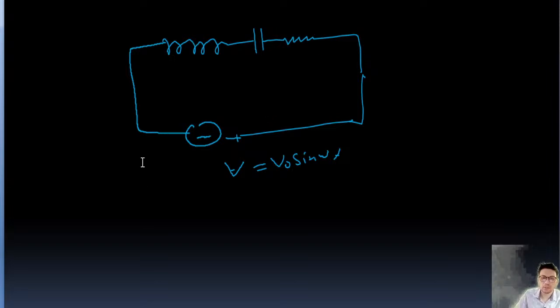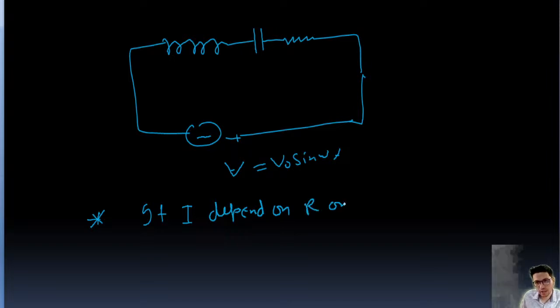So there's a condition, guys, you should know: if current depends only on R, that implies XC equal to XL.